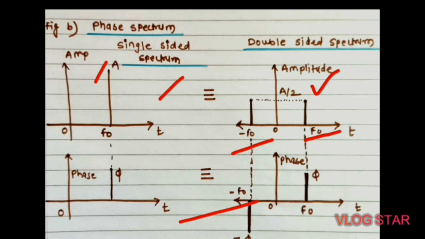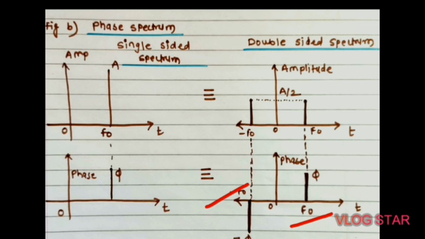The single sided phase spectrum consists of only one component f0 with phase phi, but the double sided spectrum contains two components at f0 and minus f0 with phase equal to plus phi and minus phi respectively. Thus the phase shift remains unchanged, but they have opposite signs, one positive and the second negative.